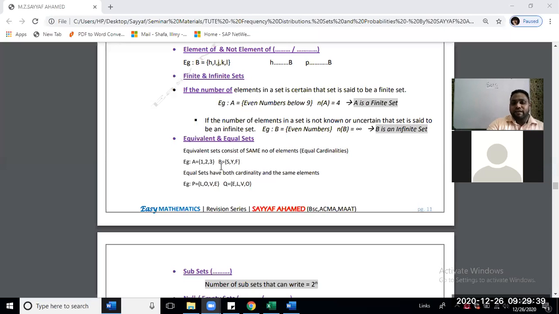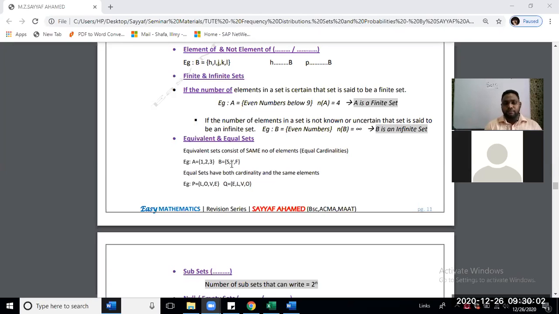So SYF has 3 letters, 1, 2, 3 has 3 numbers, where both set A and B have the same number of elements. That means equal cardinalities is known as the equivalent set. Only that part, right? So 5 and 5, it can be number and letter, symbol and letter.